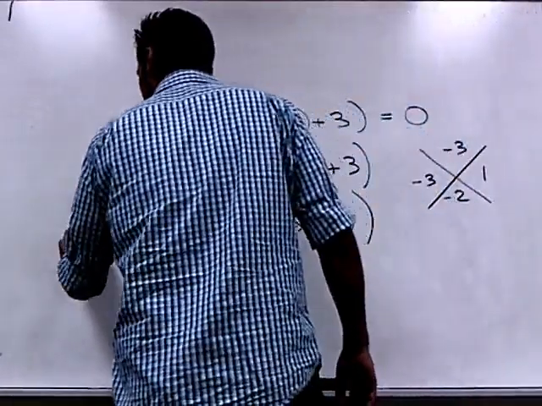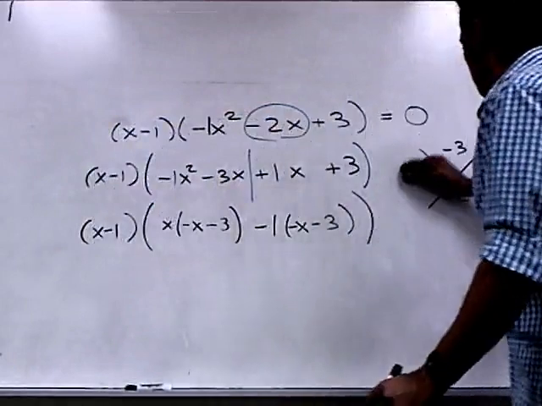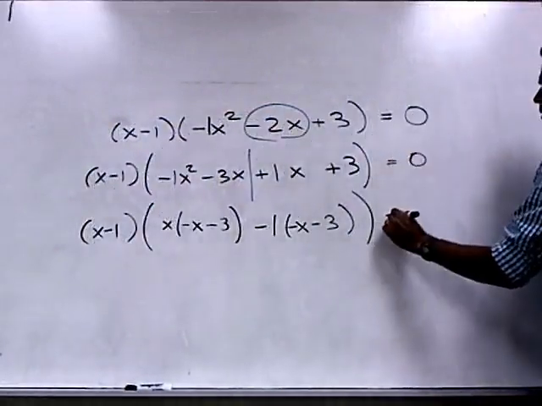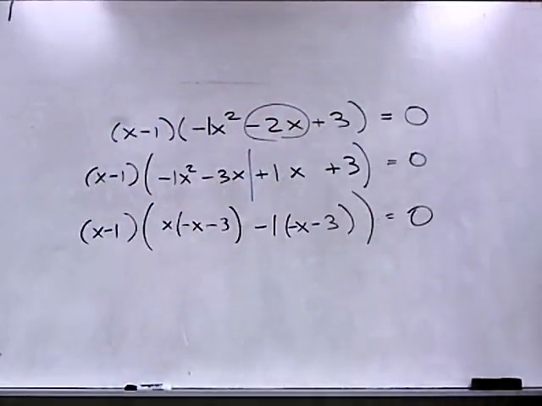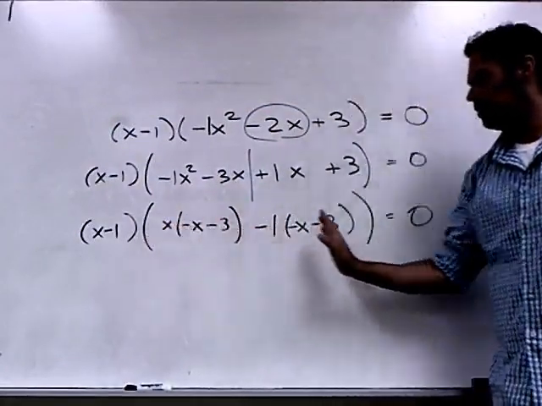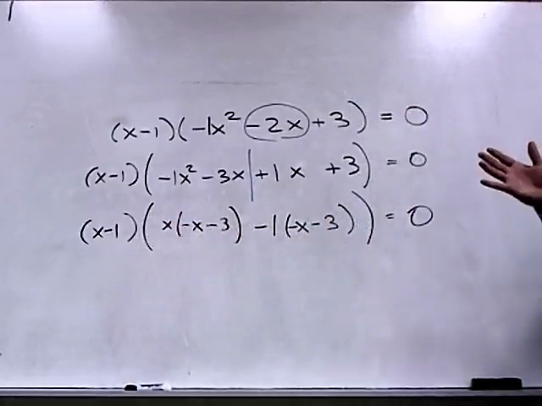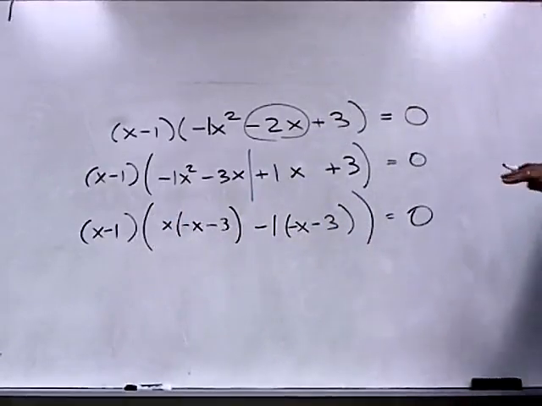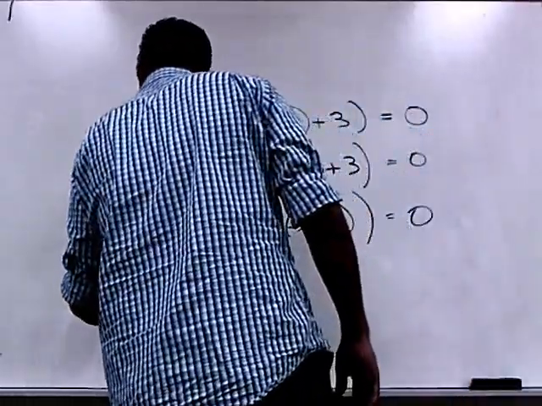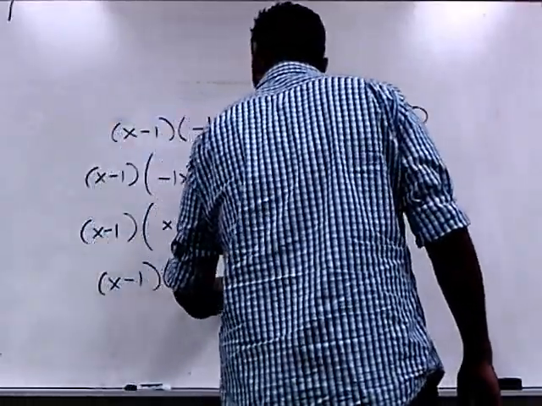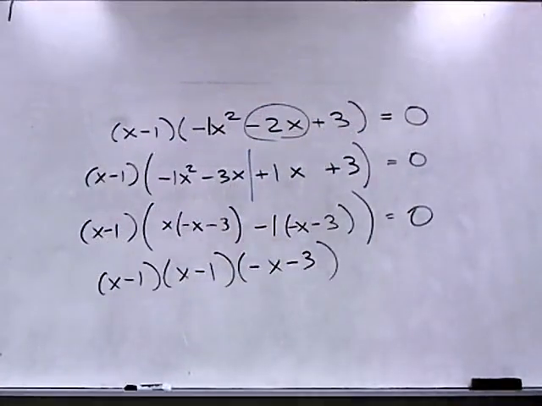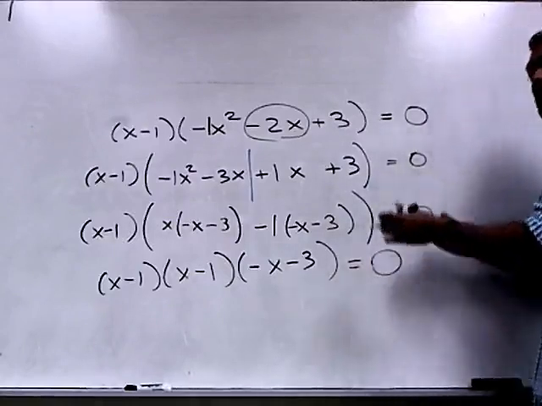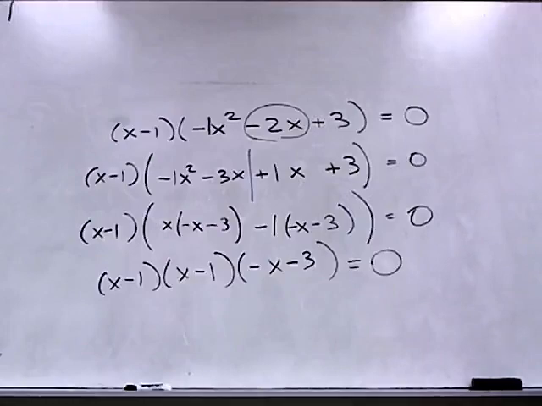And then out here we still have my x minus 1. And then what would this all in here turn into? Well, this right here, x minus 1 times -x minus 3, or the other way around, right? So you would get x minus 1 times x minus 1 times -x minus 3. Isn't that what we had? The other way? Isn't it? So now we're at the same point that we were at with synthetic division.